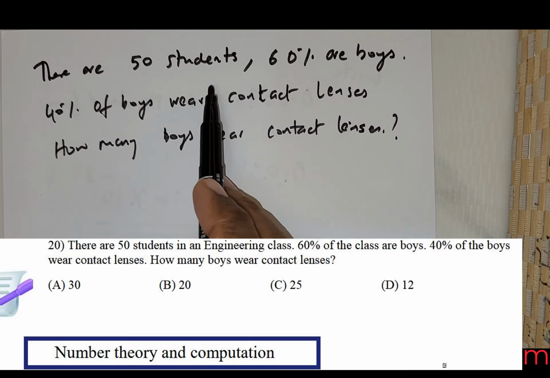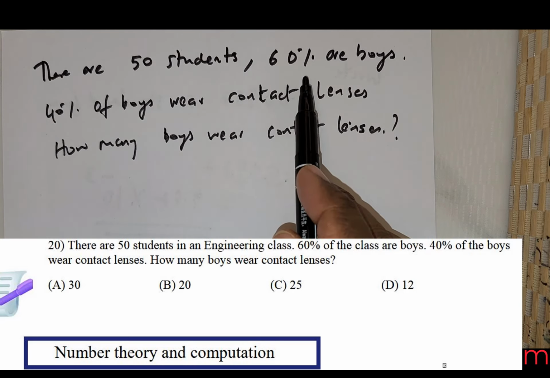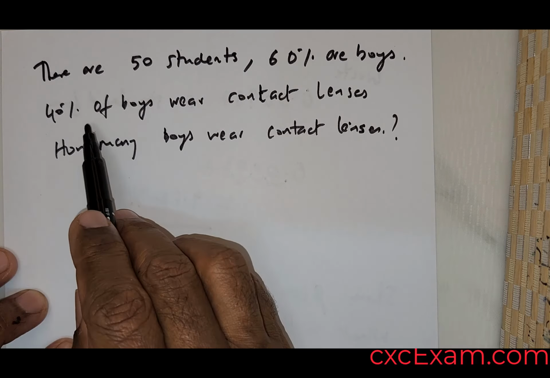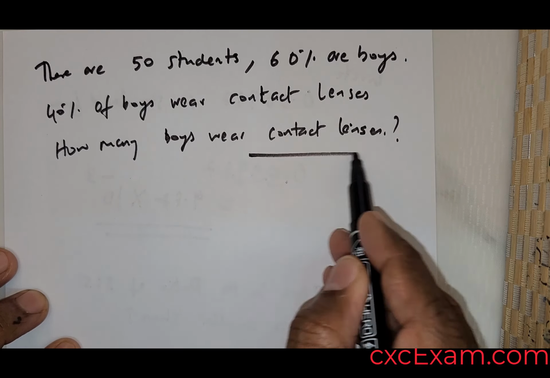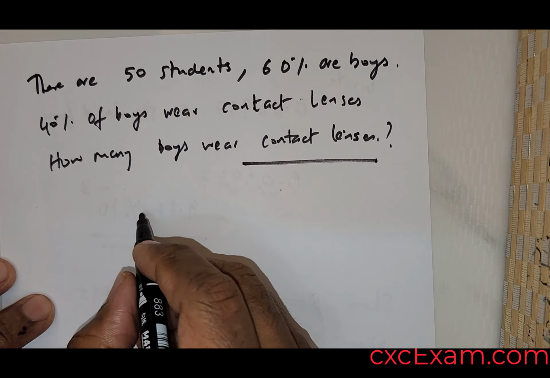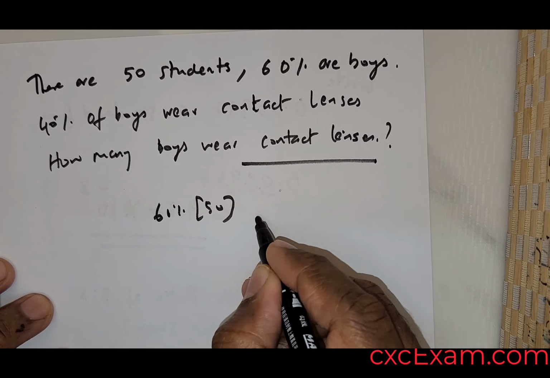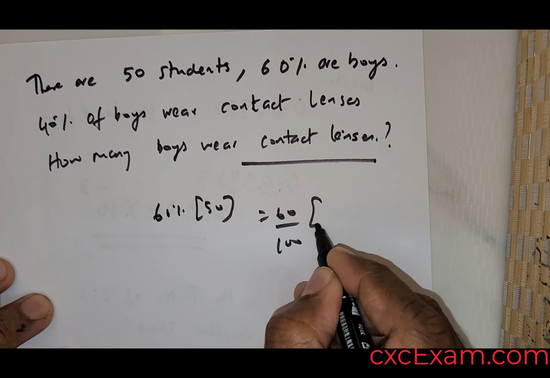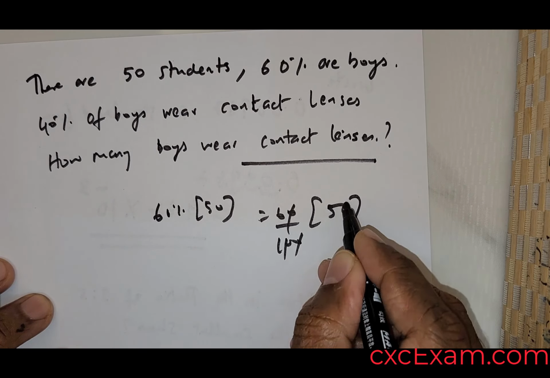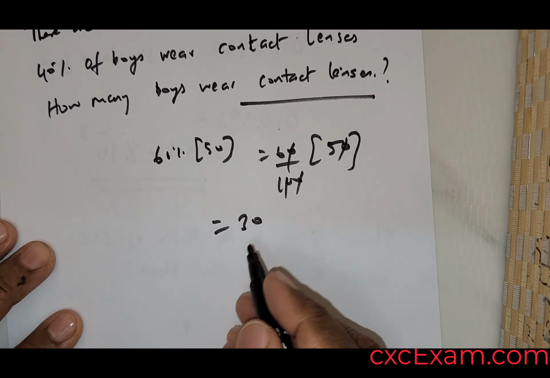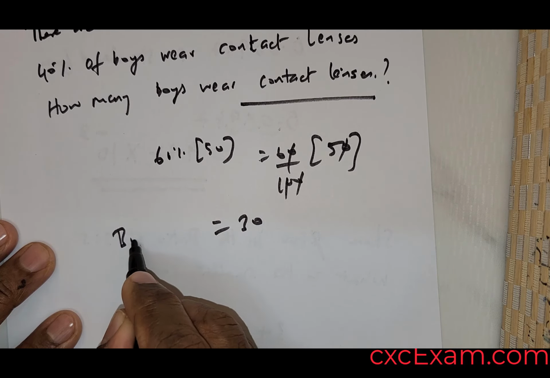Now you got a question. 50 students are there, 60% are boys. Out of this, 40% wear contact lenses. We are expected to find the number who are wearing contact lenses. So 60% of 50 is nothing but 60 over 100 of 50. So 0 gets cancelled here. So that means we got 30. So you have 30 boys.